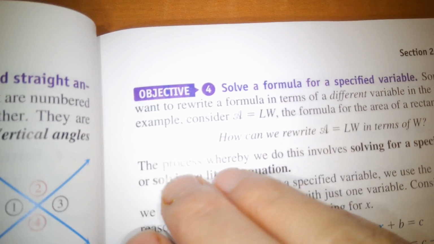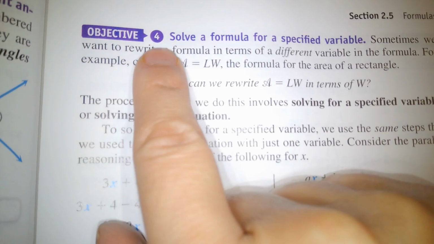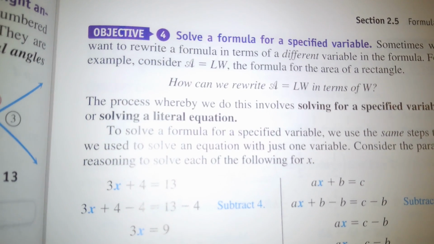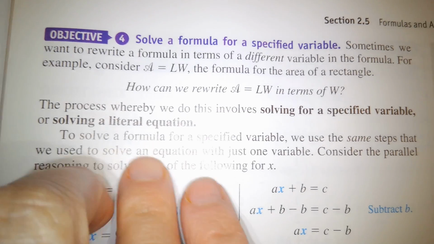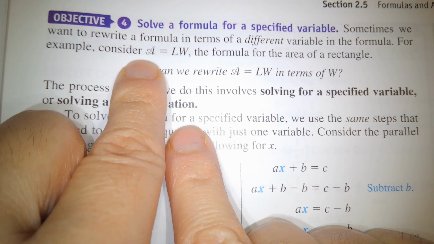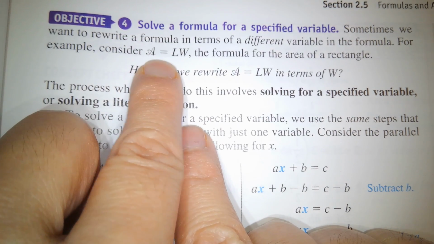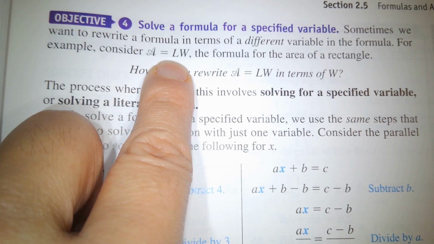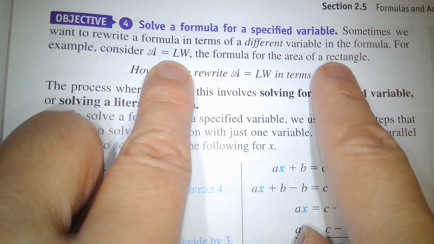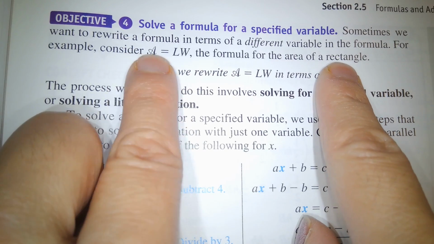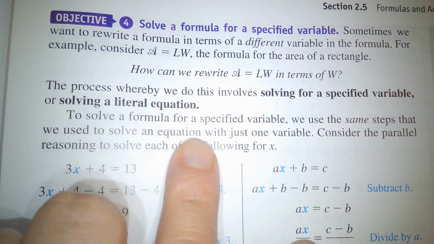Alright, this last objective is to solve a formula for a specific variable. For example, if the formula is A equals L times W, where does this formula come from? It is the area of a rectangle: area equals length times width.